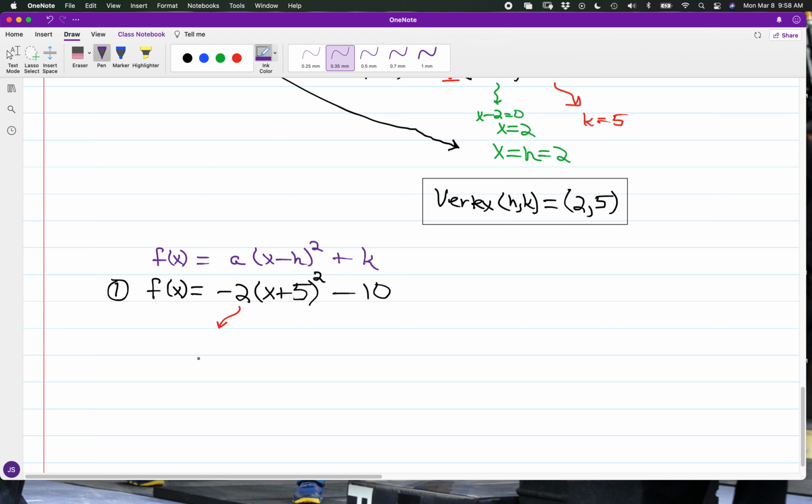The leading coefficient is going to be -2. So a is negative. I'm signaling that a is less than 0, and so f of x is going to open downward.